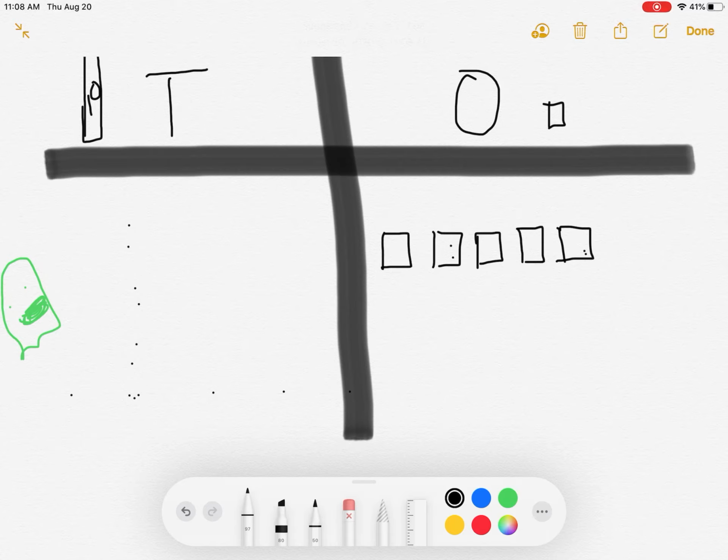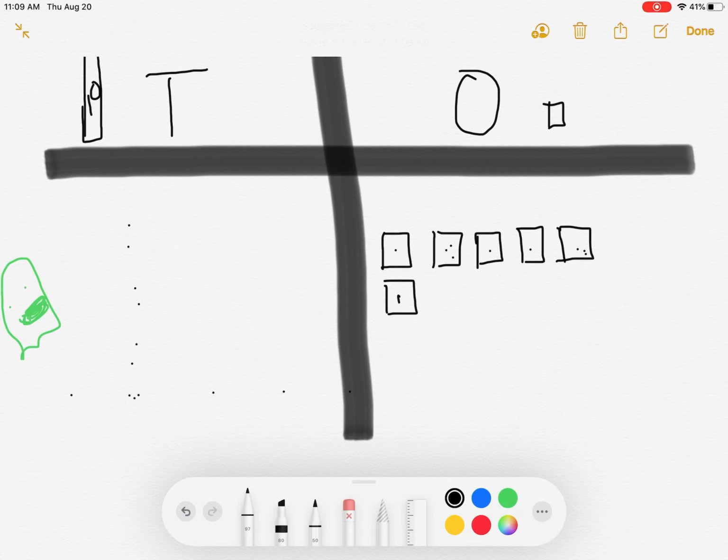Wait a second. We're only going to do rows of 5, so we need to start a new row to do number 6. So please draw your ones just like this. I'm going to go back and double count. 1, 2, 3, 4, 5, 6. Yep, I have 6 ones. They're nice and short because they're babies. You don't want your babies looking way too tall. None of them are touching each other.